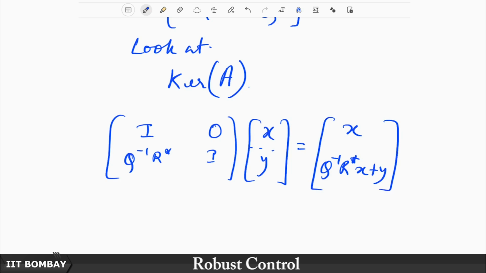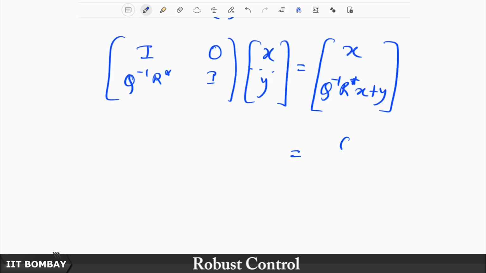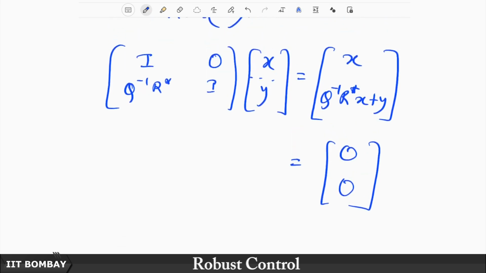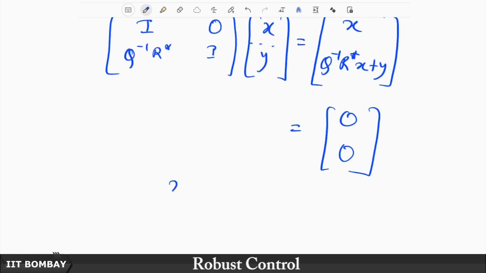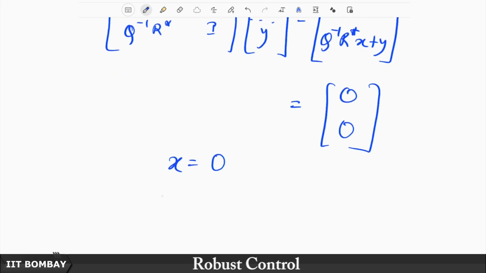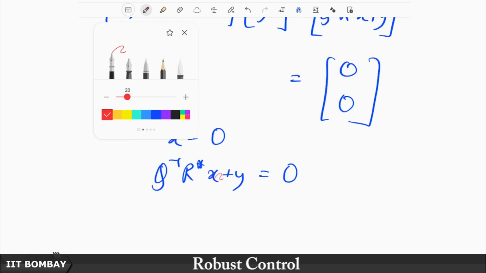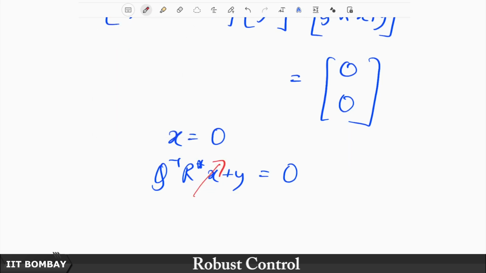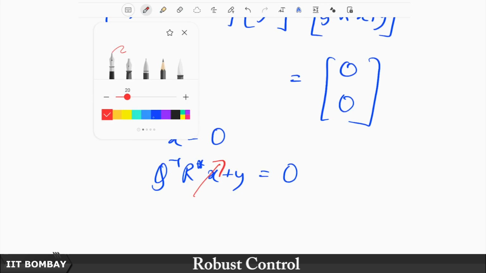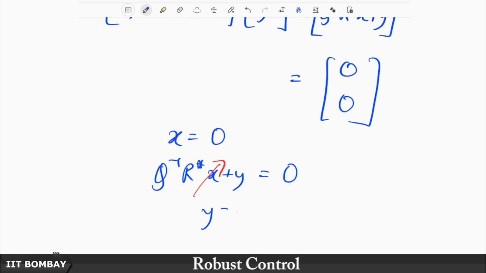So, you see, if this has to be 0, then I must have that x is equal to 0 and Q inverse R star x plus y is equal to 0. But in the second expression, if I now plug in x equal to 0 from the first expression, I am then left to conclude that y must also be equal to 0.